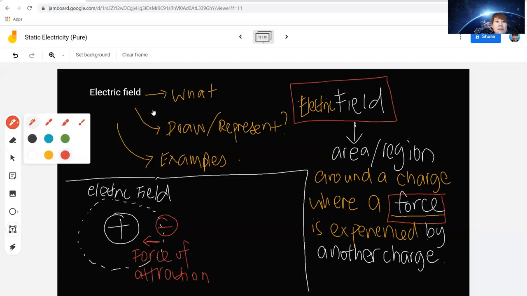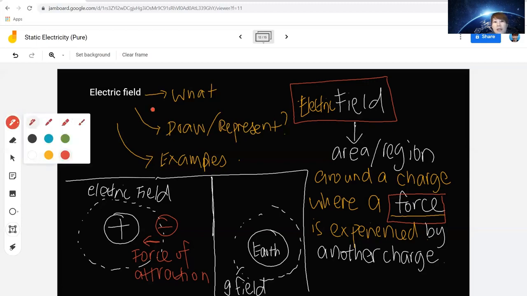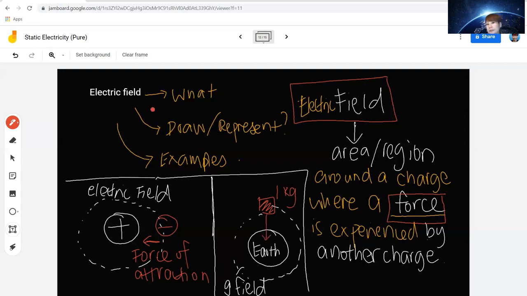Another example, we take a look at gravitational field. It is the same case. If Earth has a gravitational field surrounding it, how do we know the presence of this gravitational field? All we need to do is ask ourselves, if I place a 1 kg object in the midst of the field, it will experience a force of attraction of 10 Newton to the Earth.